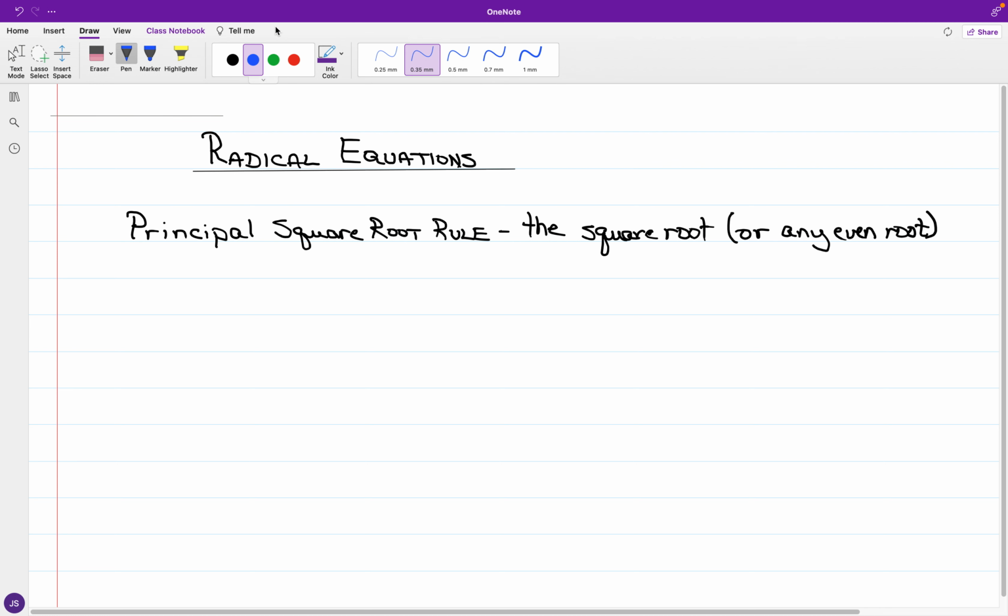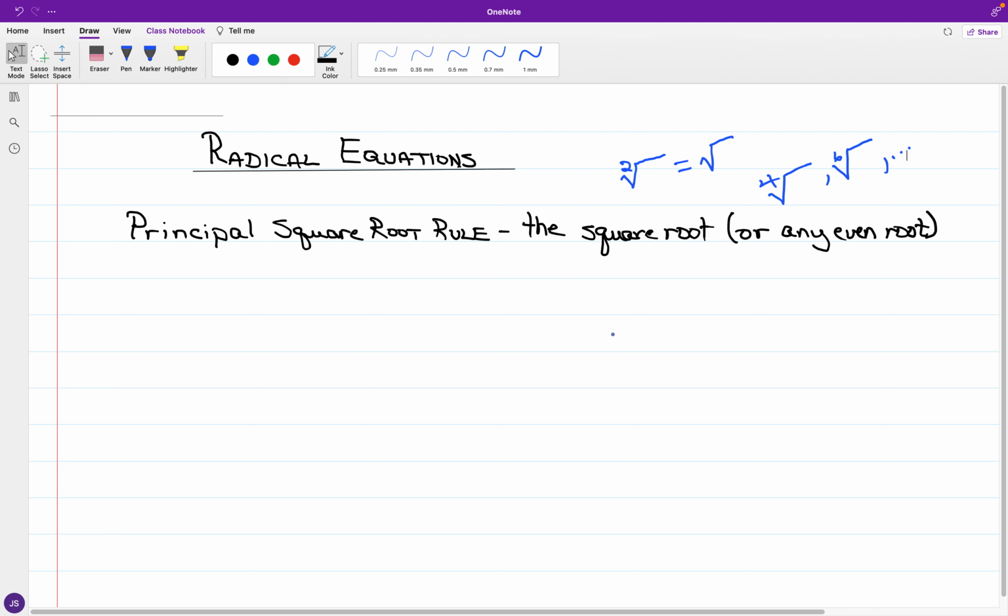For square roots, if the index number happened to be displayed, it would be the number 2, but square root or second root is one and the same entity. Other even roots include fourth roots, sixth roots, eighth roots, and so on.